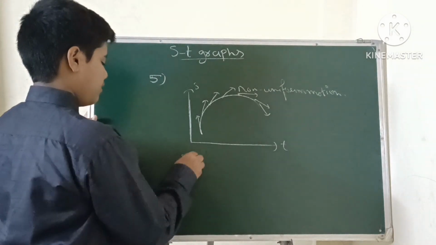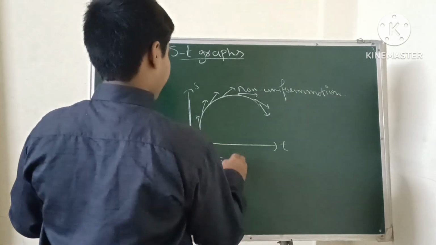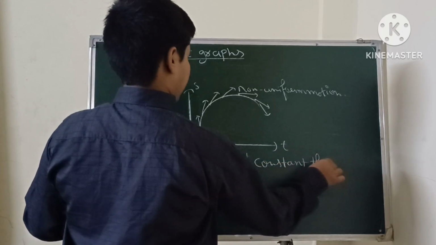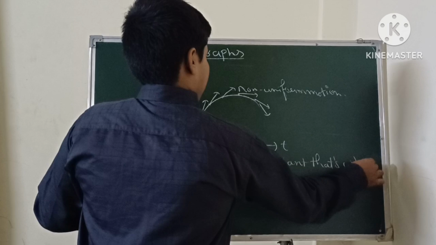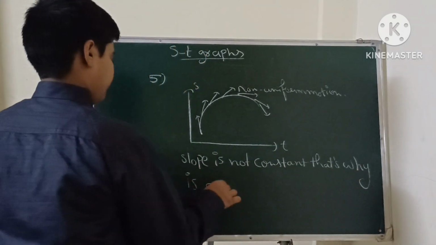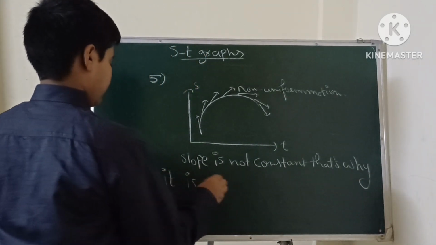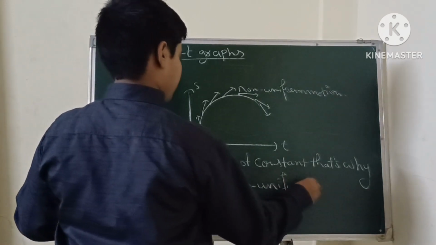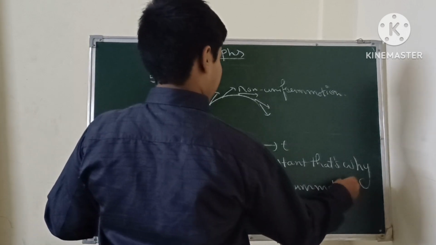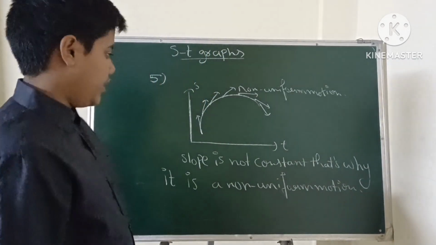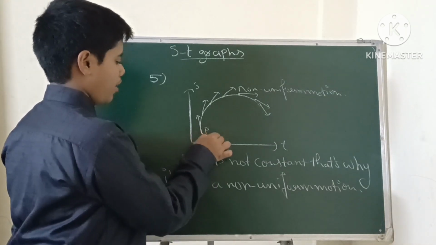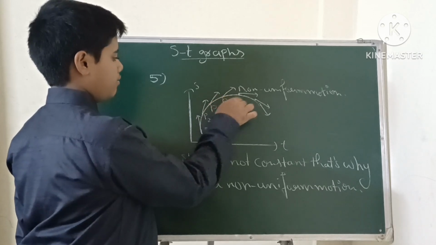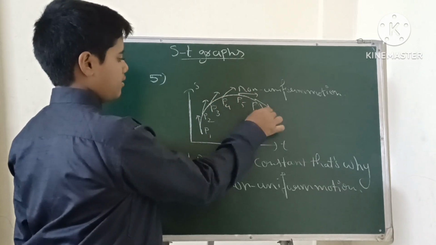So that's why the slope is not constant. That's why it is a non-uniform motion. Here the slope varies from point P1, P2, P3, P4, P5, P6, P7.